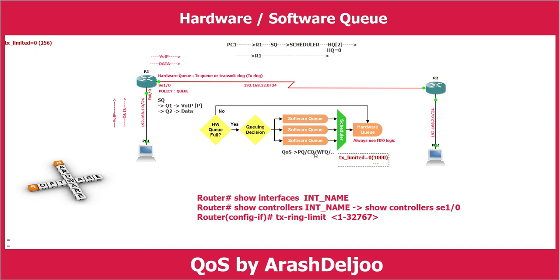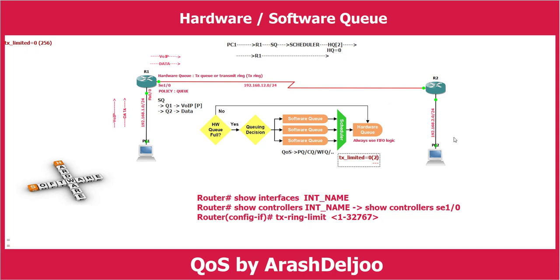Because of that, when we want to apply the policy, we should ensure that the length of the hardware queue is a low value, a small value, for example 2, 3, 4, or 5. In most cases, when you are applying a policy on one interface, for example PQ, CQ, or some other mechanism, the length of the hardware queue is automatically decreased.